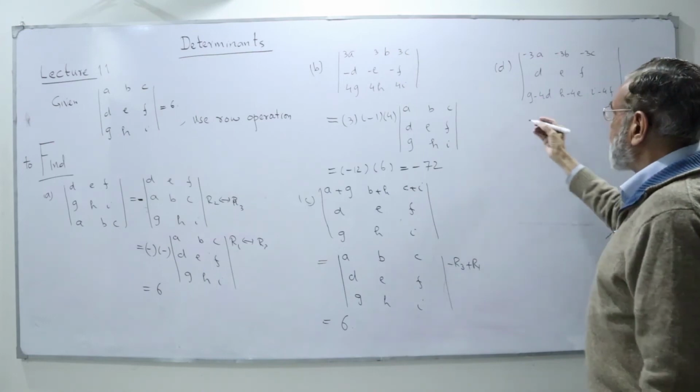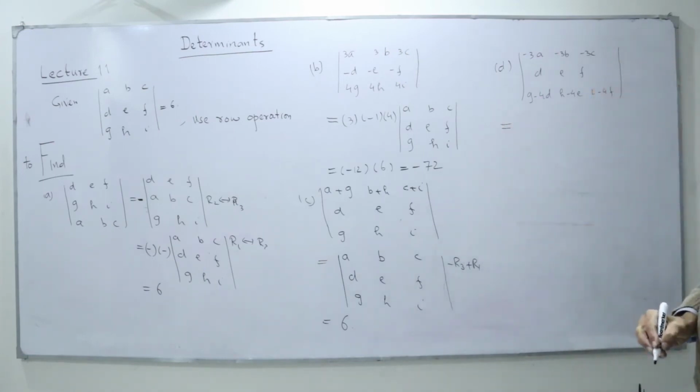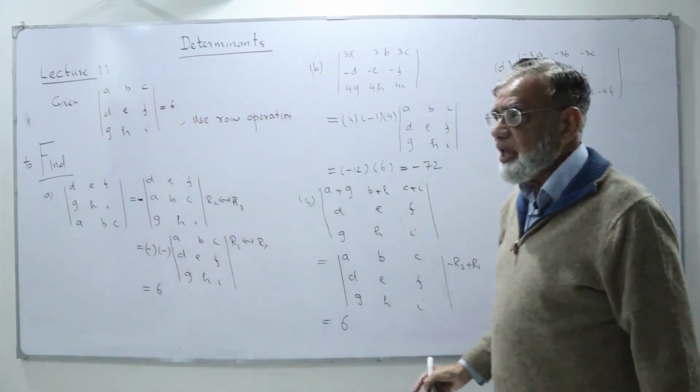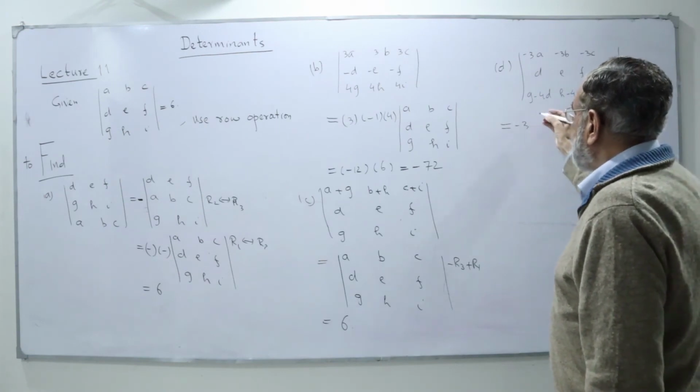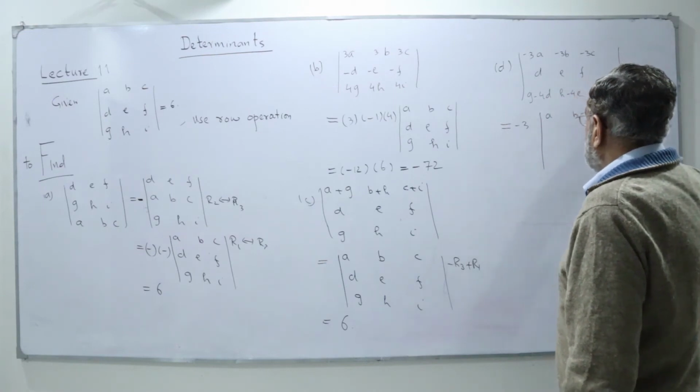Now we see the row operation I need to make to bring in the standard form. Number 1, my standard form here is ABC. I have minus 3a, minus 3b. I take minus 3 common from here, and here I'll get the value as A, B, and C.